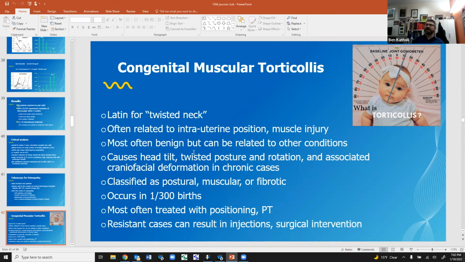So if you have a very small mom, or an atypical lie in the womb, or a muscle injury, there are a number of risk factors for torticollis. Most of the time it goes away pretty quickly with a couple sessions of physical therapy. They teach them special holds. Actually, OT and PT both can work with it.